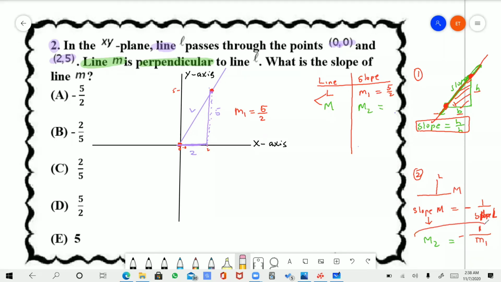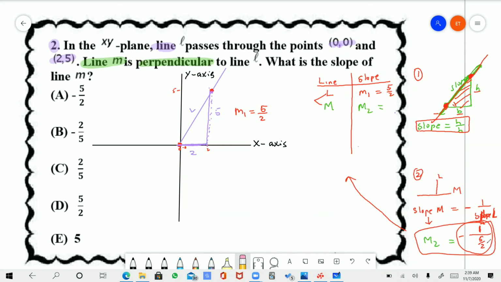So since we already have the slope M1, we know M1 is equal to 5/2. We can substitute that. We can take off M1 and write 5/2, right? So M2 will be this, and we can simplify this. We can simplify the inverse, the reciprocal of 5/2, which is 2/5.